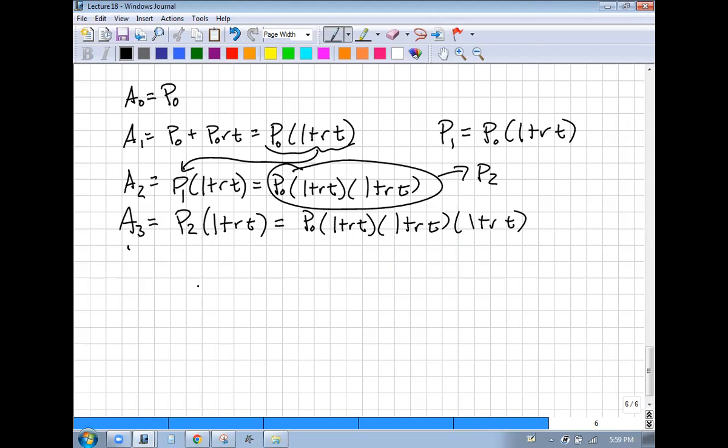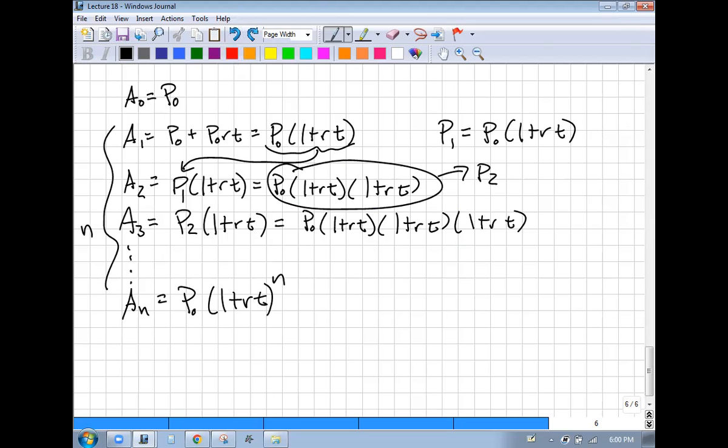So you keep doing this. If you're doing this n times in a year, by the time you get to the end of the year, you have your original principal times 1 plus RT to the nth power. You'd have these things multiplied together n times.